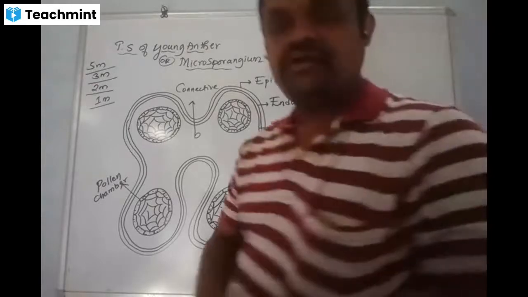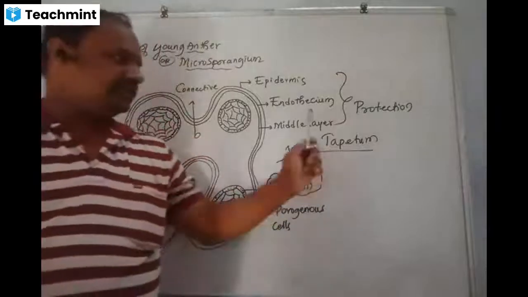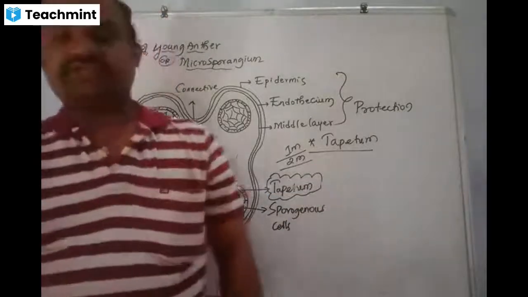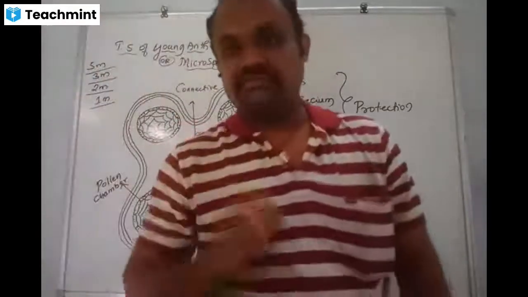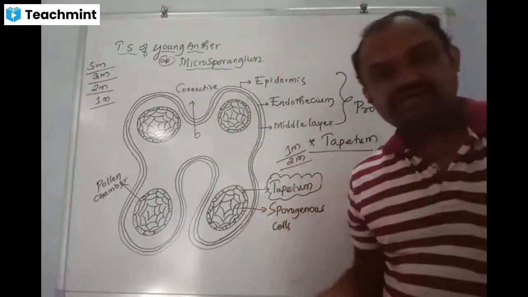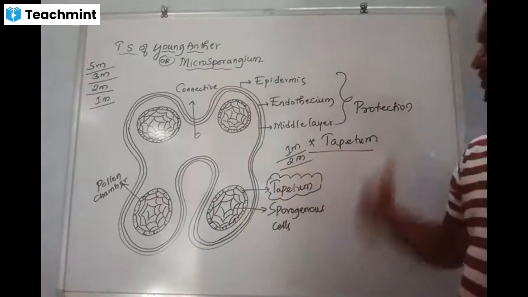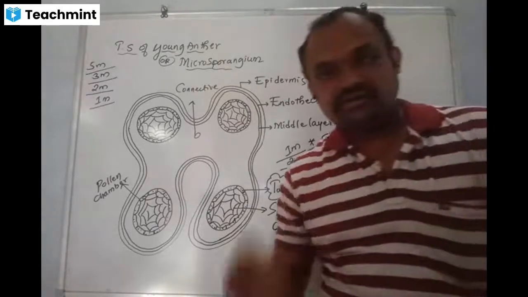For a 1 mark question, the definition of the tapetum, and for 2 marks, its function. So they ask "define the tapetum". In the annual exam, the definition of the tapetum, and for 2 marks, write the functions of the tapetum.